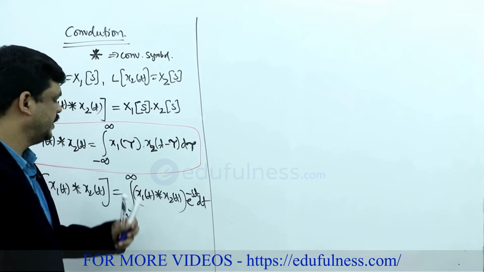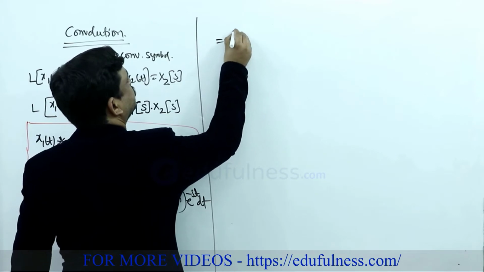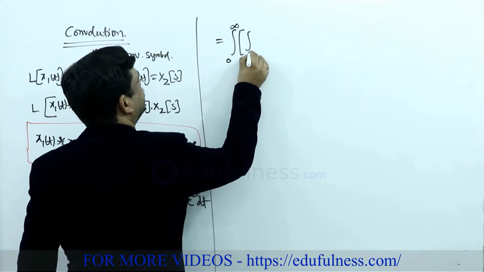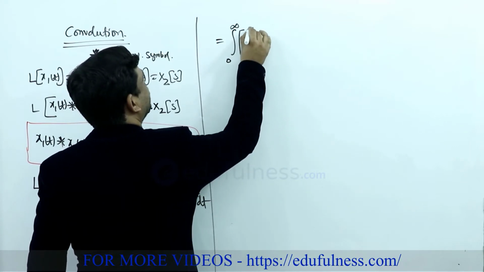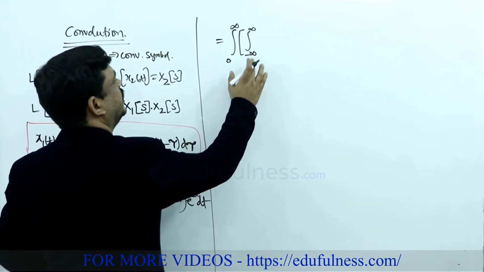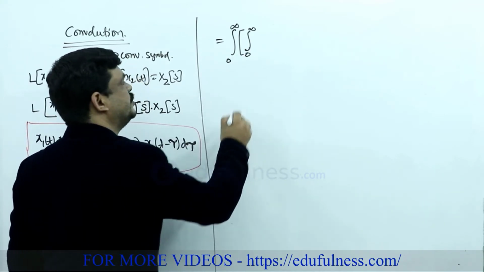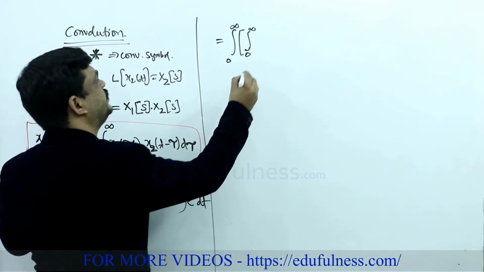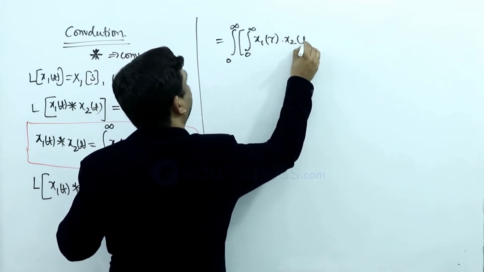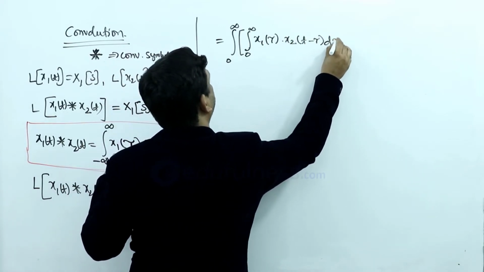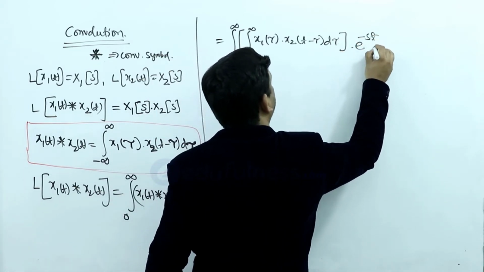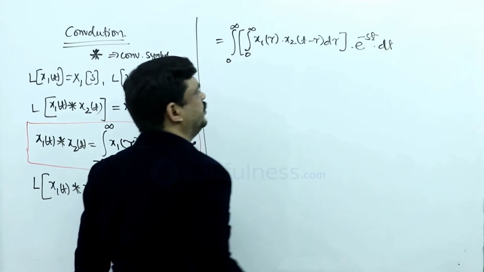Substitute this equation here, then it becomes the integration from 0 to infinity. Otherwise we can write the limits as 0 to infinity because if we take the unilateral, it becomes 0 to infinity: x1 of tau into x2 of t minus tau d tau into e to the power of minus st dt, because the complete function is defined with respect to t.